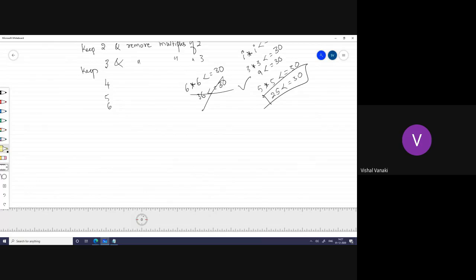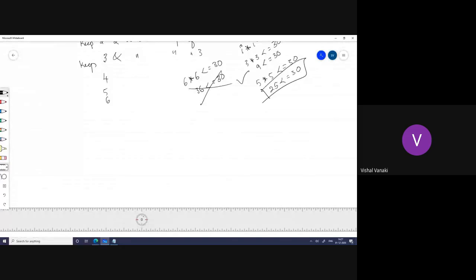Okay, one second, guys. So first we need to consider one array with some elements.